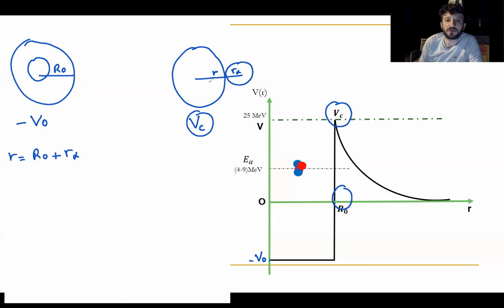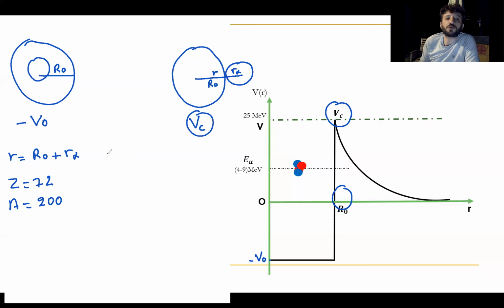Here we have R0. Now I want to calculate the maximum value. For example, I give you an example of Z equals 72 and A equals 200. We have one heavy nucleus, and I want to calculate the maximum potential energy of this kind of nucleus.